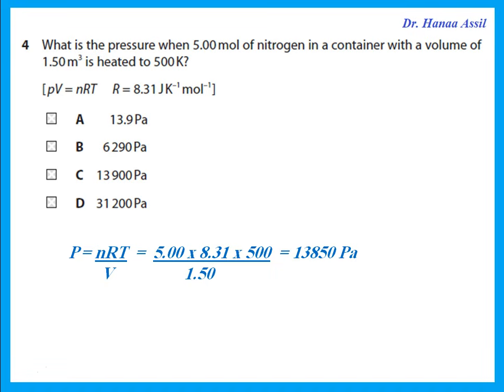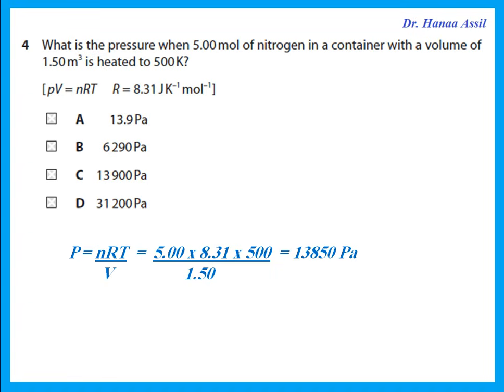Remember that number of moles, here we have 5. What is R? R is 8.31, that's a constant. Temperature has to be in Kelvin. He already gives it to me in Kelvin. If he gives it to me in degrees Celsius, what should I do? Add 273 in order to change it to Kelvin. Now, over the volume, remember the volume has to be in meter cubed.